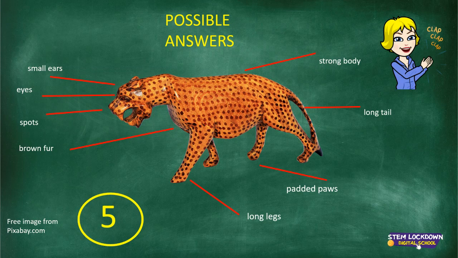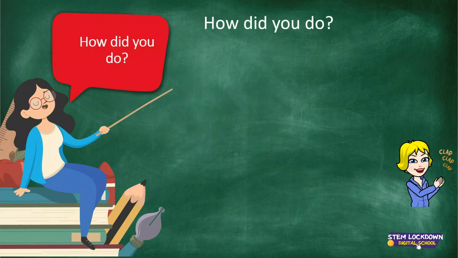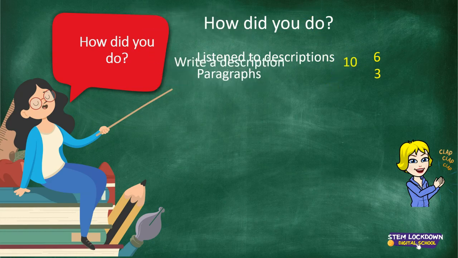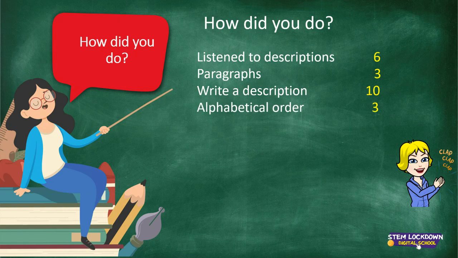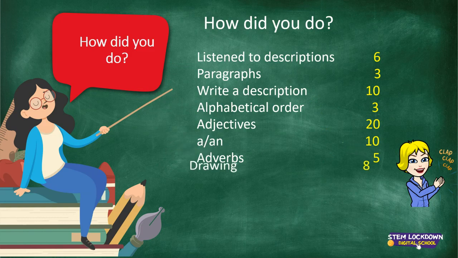Okay. So, how did you do? So remember, we listened to descriptions. We did the paragraph activity. You wrote a description. You did alphabetical order, adjectives. We did a or an. We went over adverbs of time. We did a drawing.